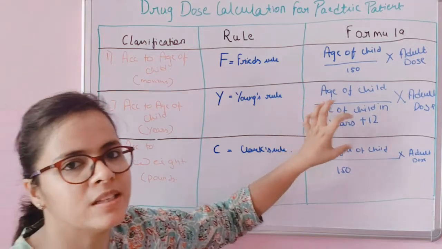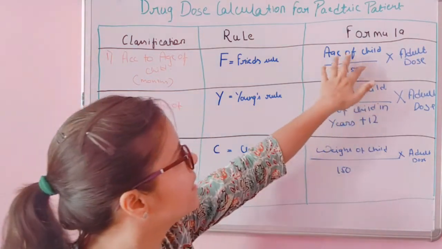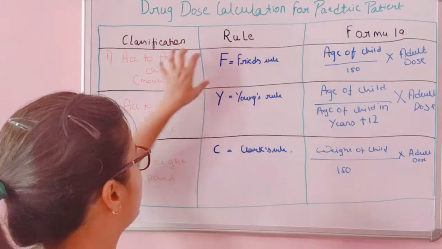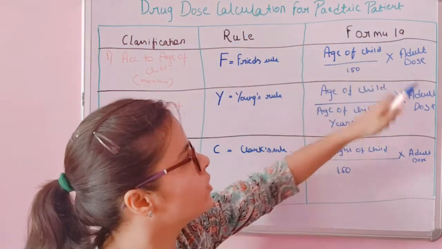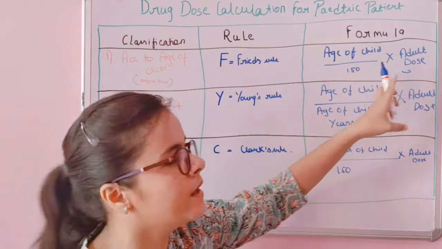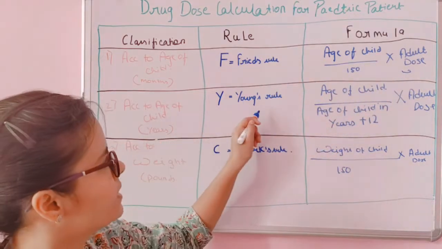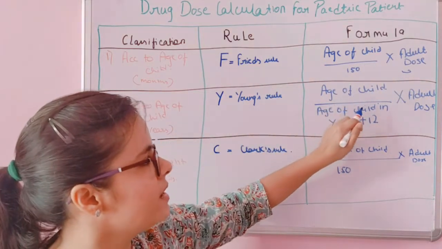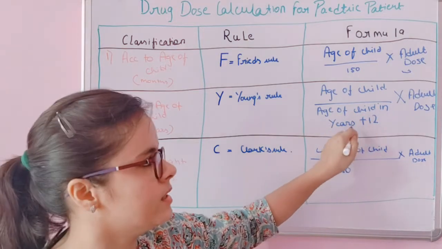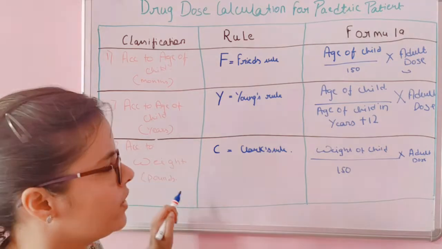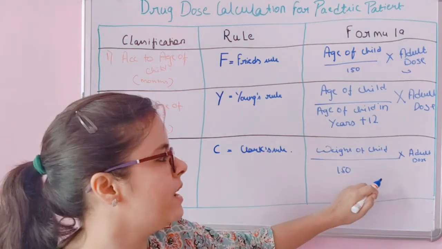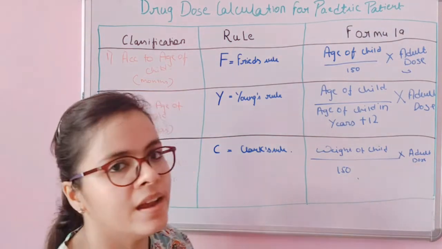So basically, what this formula says is that you have to take the age of the child in months and divide it by 150 into the adult dose. According to Young's formula, it is age of child in years divided by age of child in years plus 12, into the adult dose. And the last, according to weight, is the weight of the child divided by 150 into the adult dose.